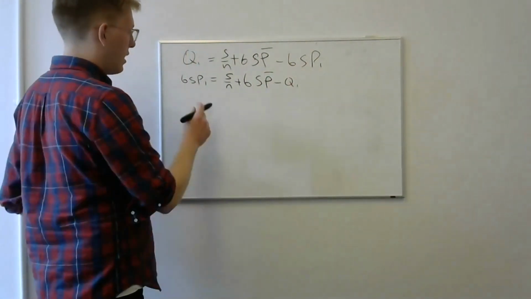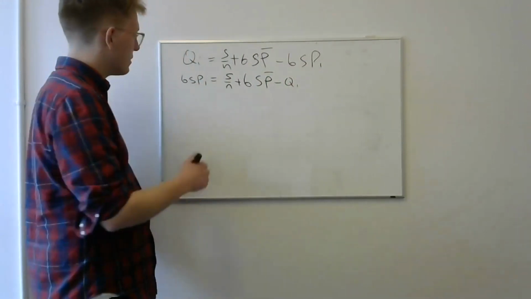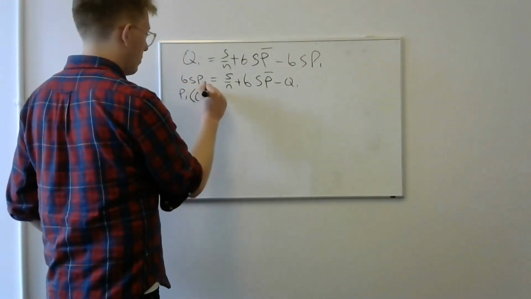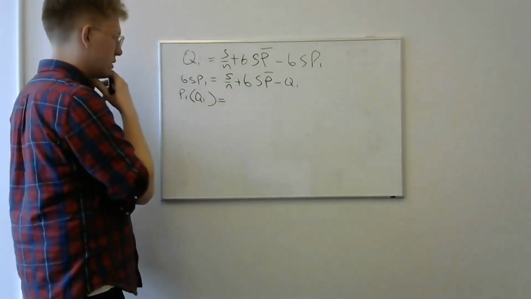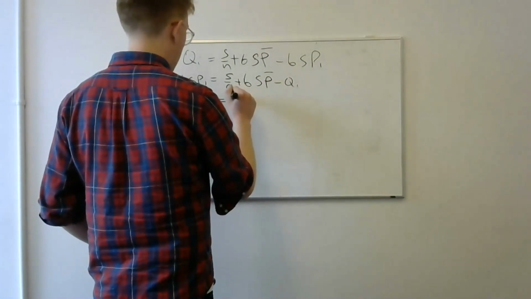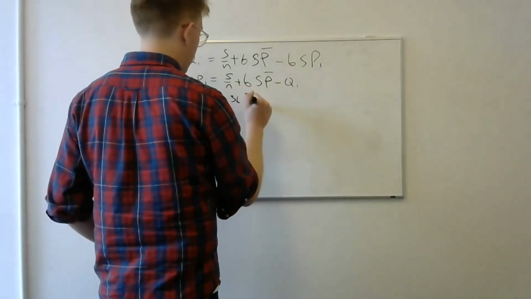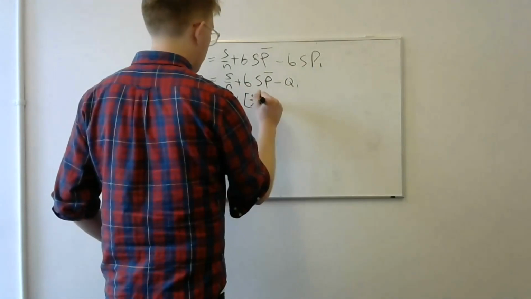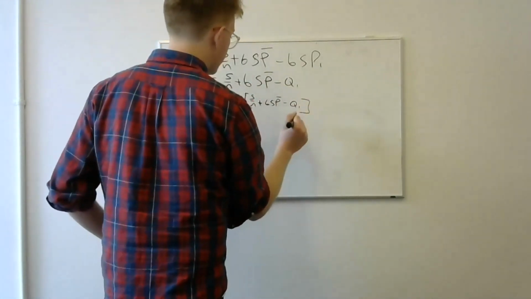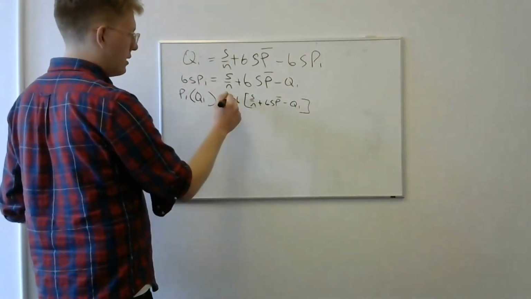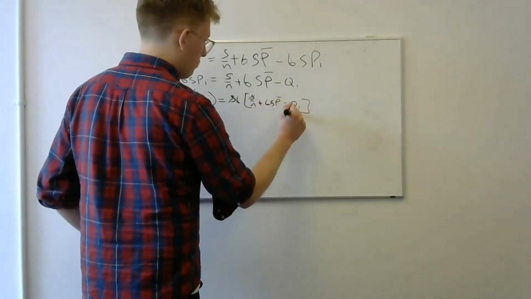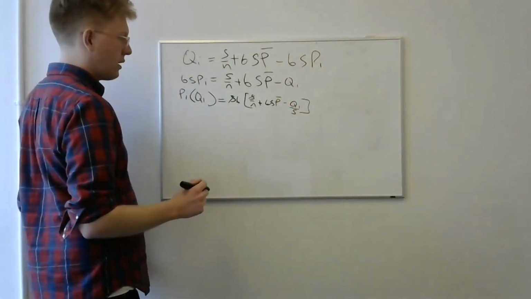Then I'm just going to divide by BS on both sides. That gives me Pi as a function of Qi, which is now equal to S over B, S over N plus BSP bar minus Qi. These S's are going to cancel, but we'll be left with an S there.